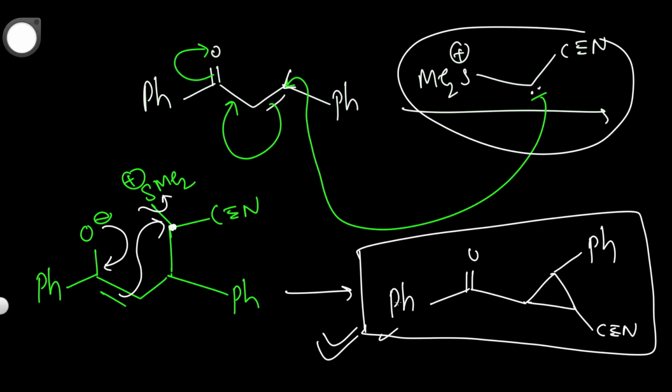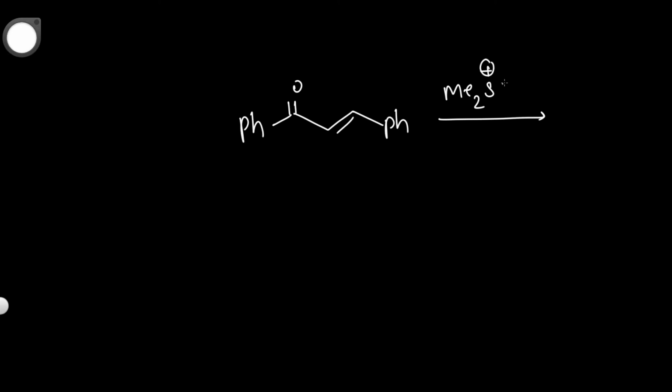So we can conclude that Ph double bond here, Ph, if you take an unstabilized ylide, an unstabilized sulfur ylide, then you will get a product like this.